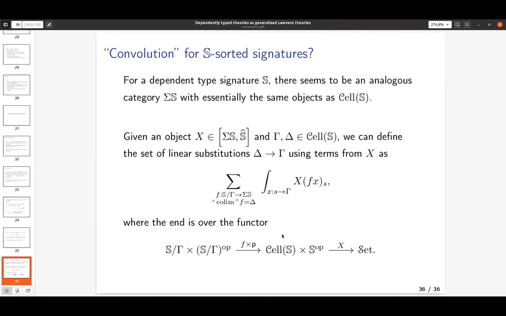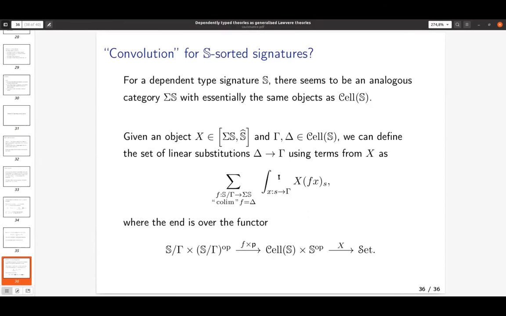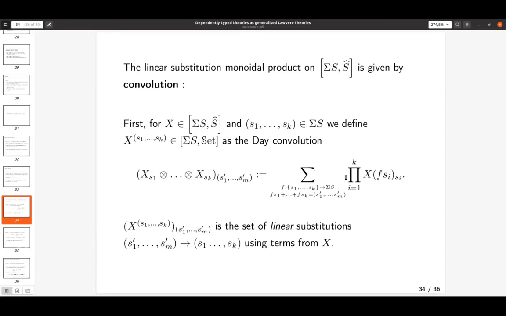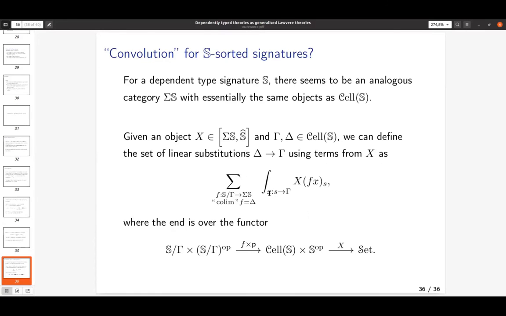And if you look at these two equations here, this definition and this one, you see that the product in the Day convolution is replaced by this end over the category of elements of some finite cell complex gamma. Anyway, so this is something that I've been thinking about.